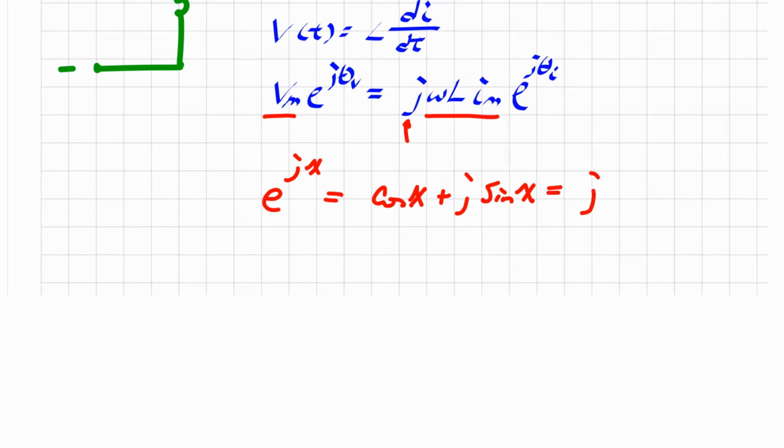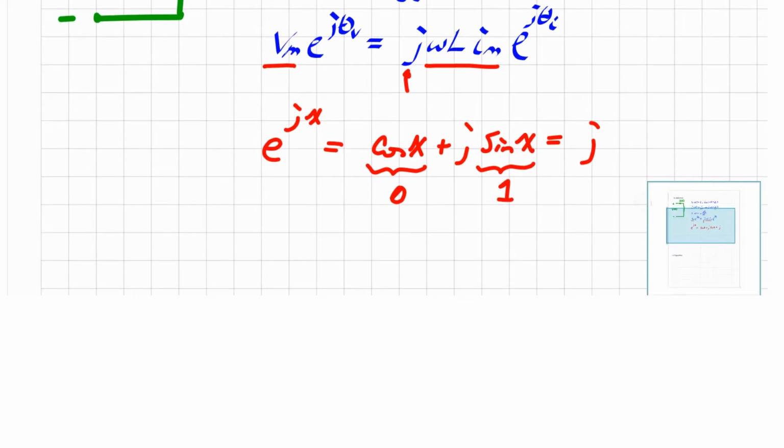That means we want to know what x has to be equal to in order to have a j. If this is equal to j, that means the cosine term has to be equal to 0 and the sine term has to be equal to 1. So very quickly we work out that x has to be equal to 90 degrees.